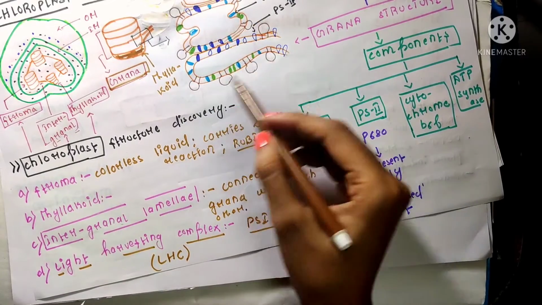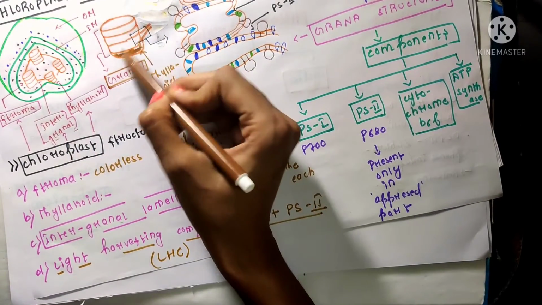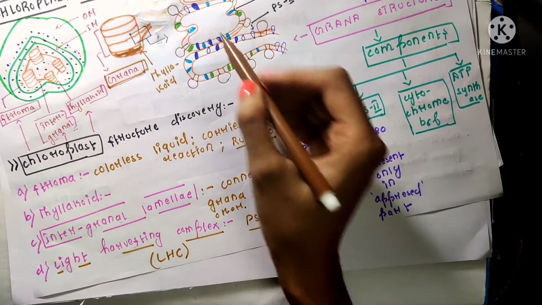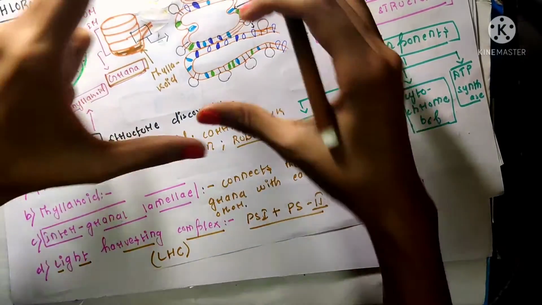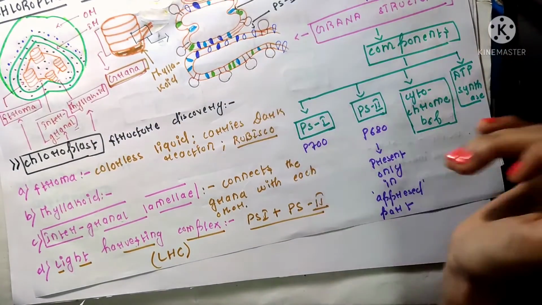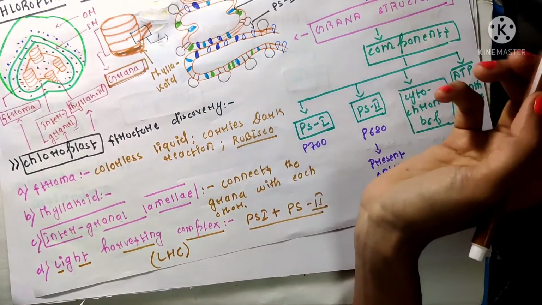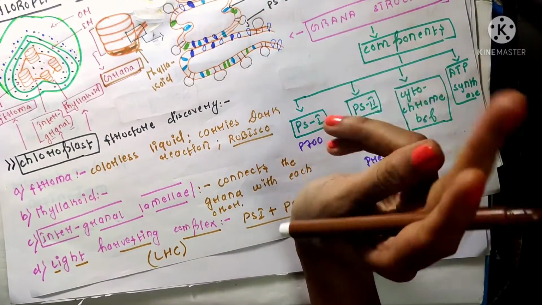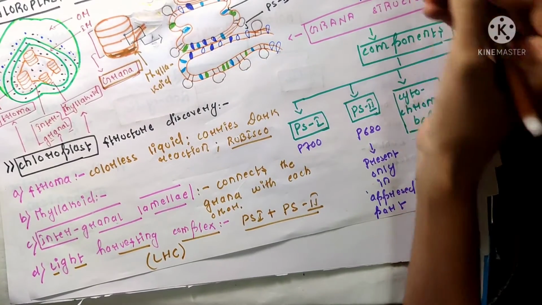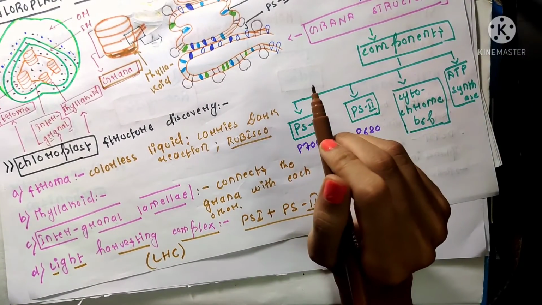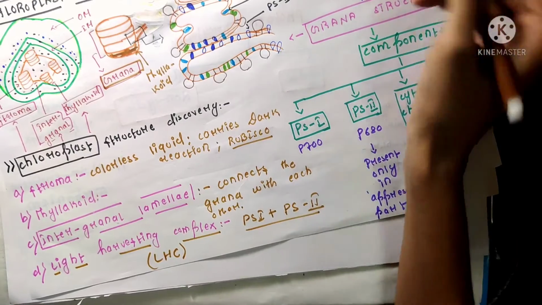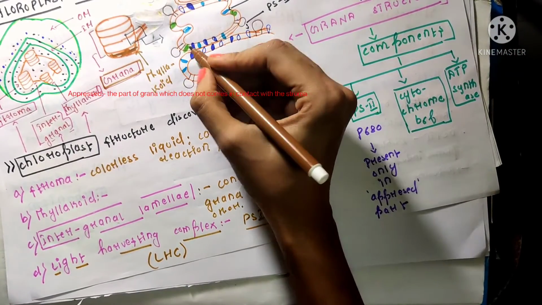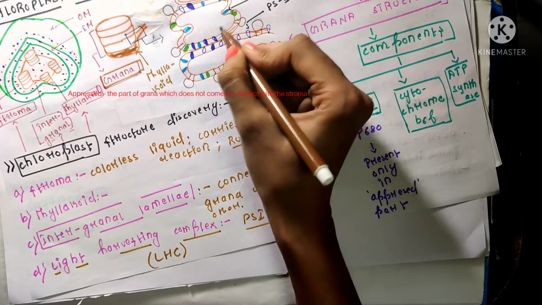So now this is what a grana looks like. This whole structure is a grana. If I have to show you a broad magnified image of how the photosynthetic complexes are arranged, this is how it looks. Before moving any further, I have to tell you about two terms. One is the appressed part and the second is the non-appressed part. What do you mean by the appressed part? The appressed part is the part which is not in contact with the stroma.